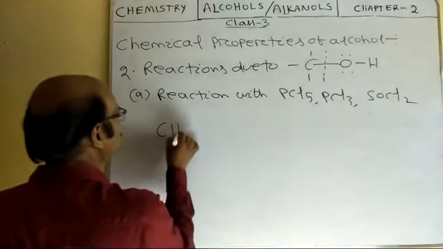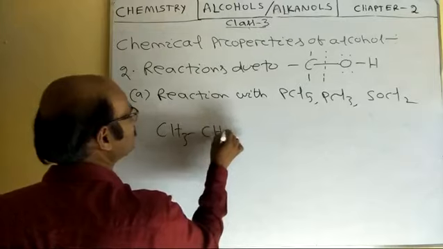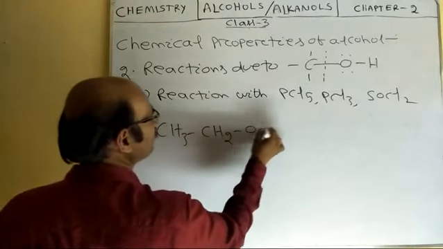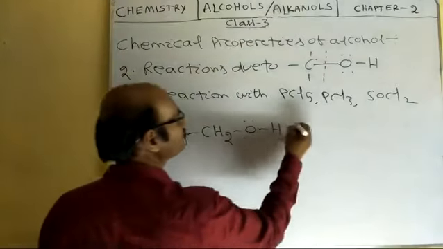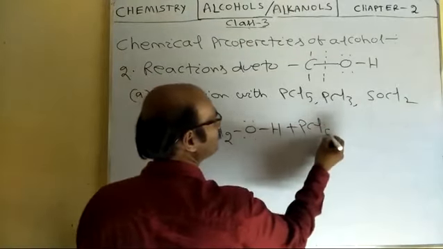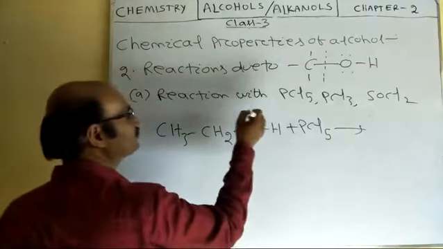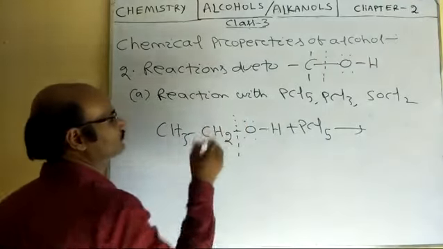If I take CH3CH2OH plus PCl5, then we will get the C-O bond breaking.